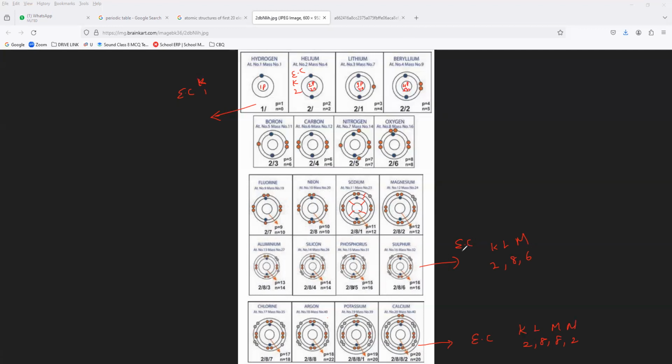You have to write the electronic configuration. Draw all these 20 in your classwork and practice. That is what is needed. Everywhere you have to represent this notation also. Suppose calcium, 20, 40, sulfur, 16, 32.